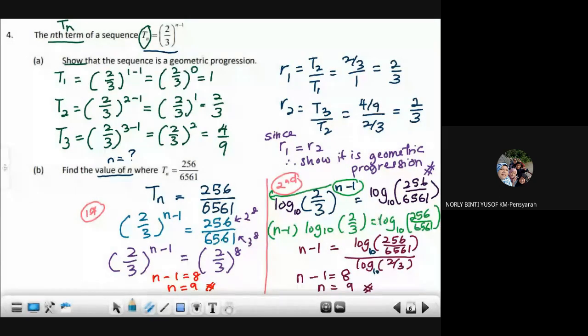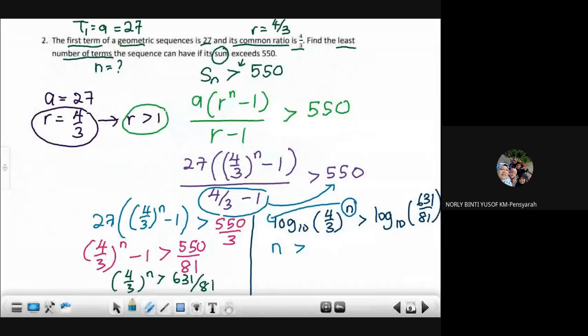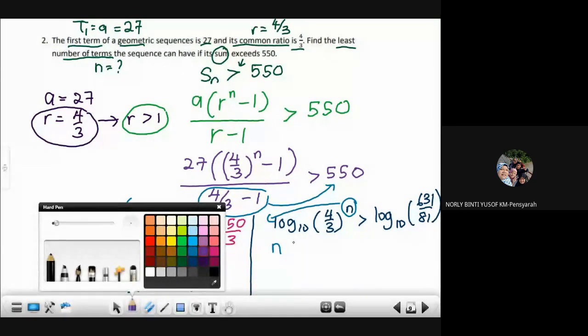Cuma ini sama dengan, tapi kat sini dia adalah lebih besar. Tapi tak ada efek lah sebab dia tak ada negatif kat sini kan. So you pun tulis log dia. Cuma kalau you boleh tulis macam ni pun okey.